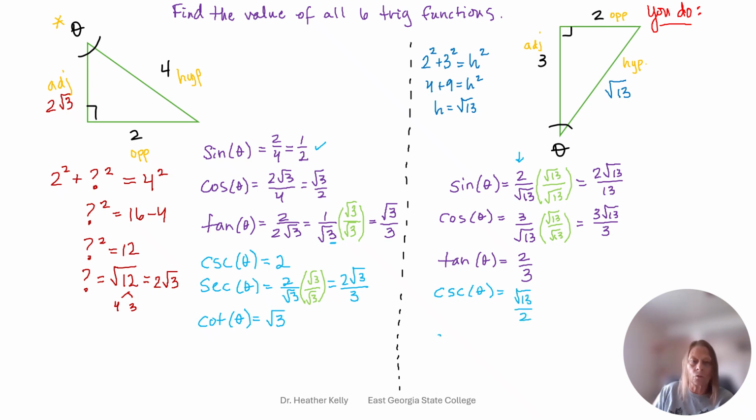Well, that's cool. Secant is the reciprocal of the cosine, so that's the square root of 13 over 3. And finally, cotan, the reciprocal of the tangent, is 3 over 2. Okay, awesome. Let's see what's next.